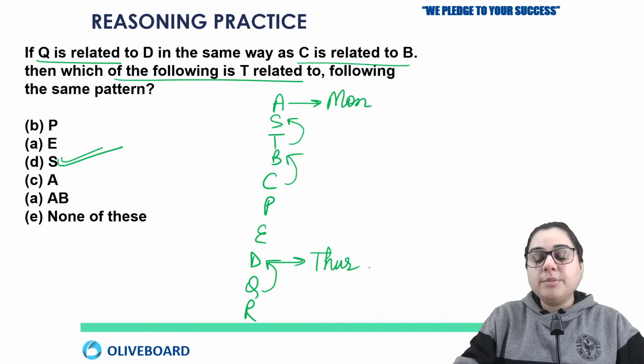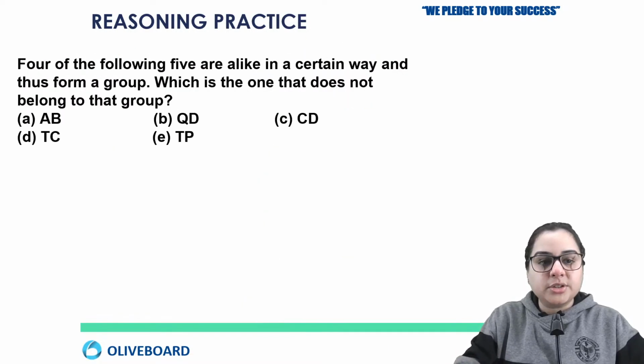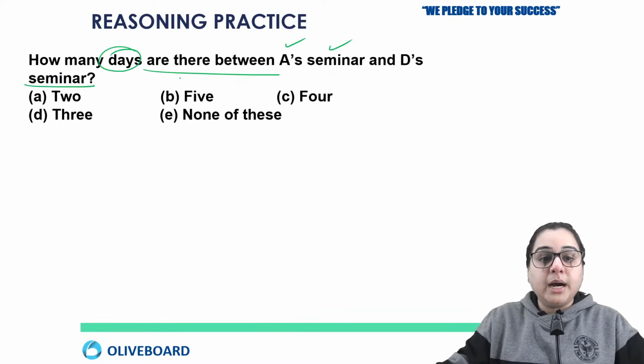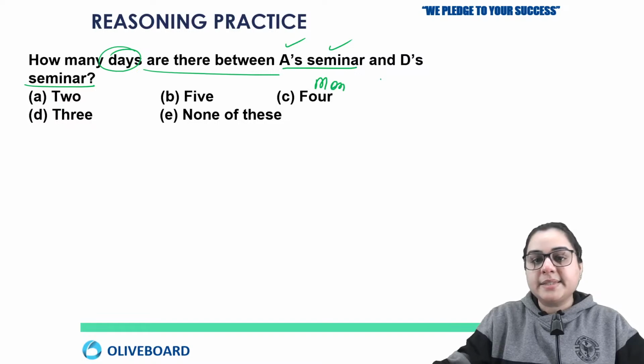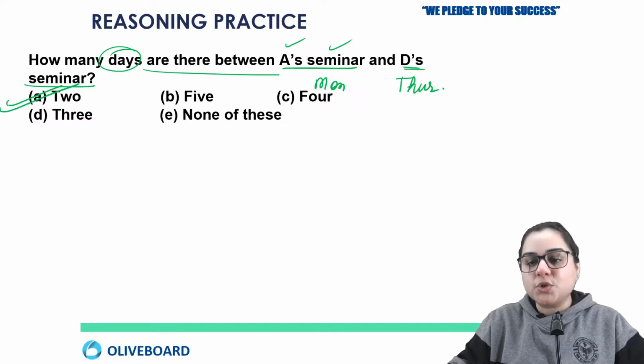So how many days are there between Monday and Thursday? There will be 2 days, that is Tuesday and Wednesday. So be very clear in this question that he is asking how many days. Hence your answer here will be option number A, that is 2.